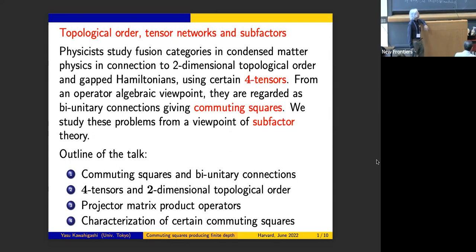And then I'll talk about four tensors and the two-dimensional topological order. Then I'll explain projector matrix product operators. This is a certain matrix appearing in condensed matter physics. Then my main result will be about characterization of certain commuting squares.